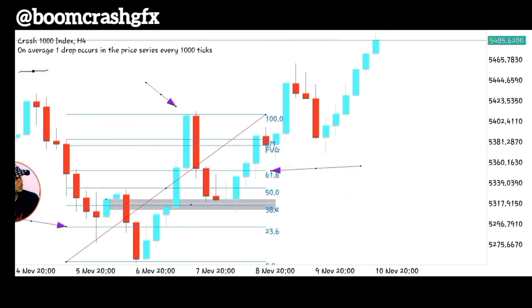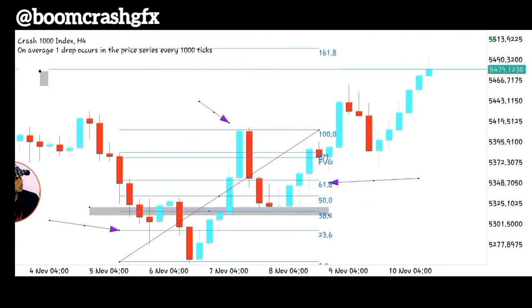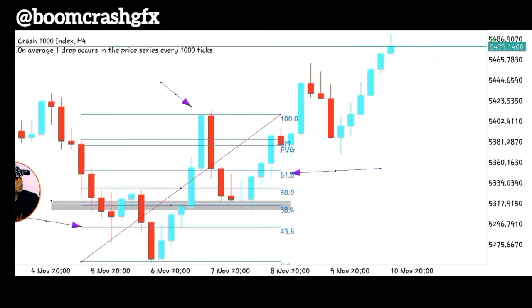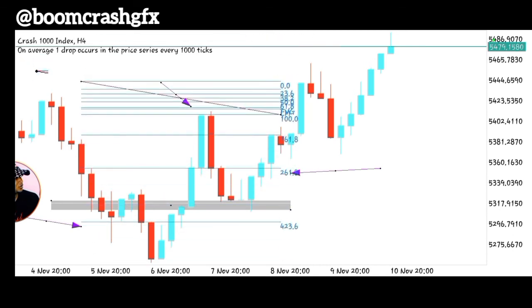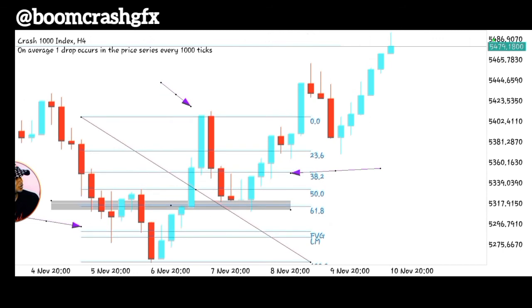If you take the 61.8 here, it's not working out because it's not properly mounted. But if you follow the necessary way, you can see that you get it accurately on the 61.8 level. So basically this is how you can adopt this strategy, making use of the 61.8 level of the Fibonacci tool.